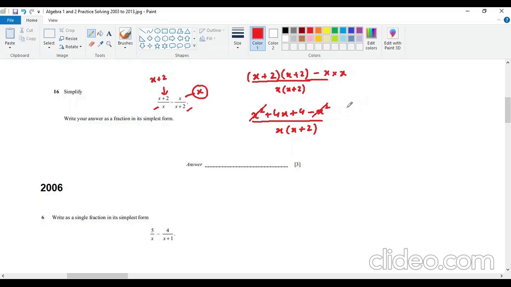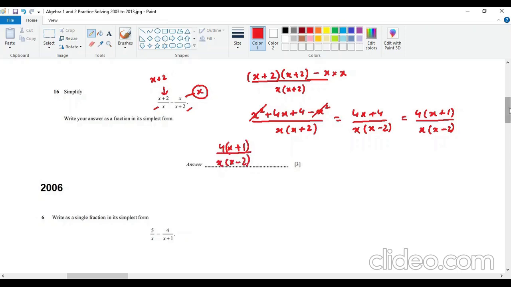So on top, we will have 4x plus 4 and x minus 2. Further simplify, 4 is common in both of them, x plus 1, and down below you have x and x minus 2. This is your final answer, and you'll get 4 full marks for this question.